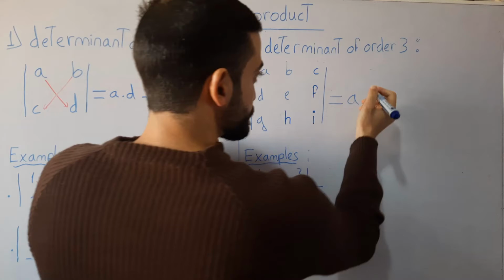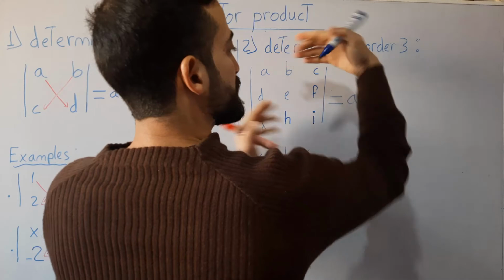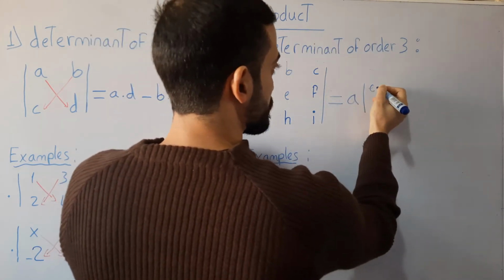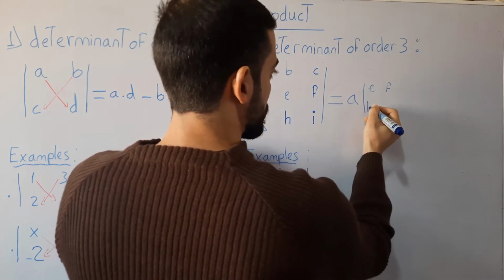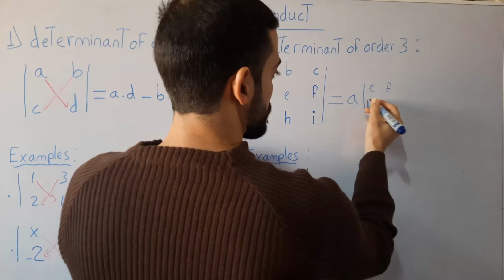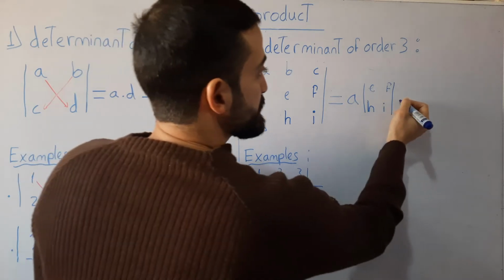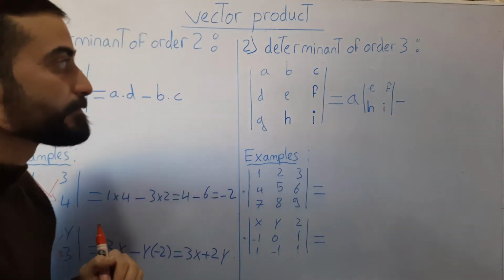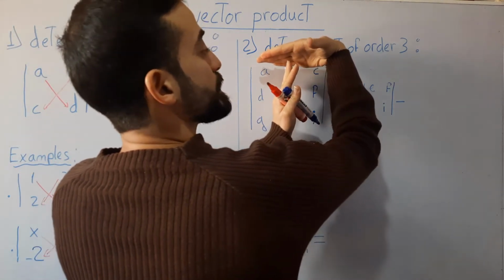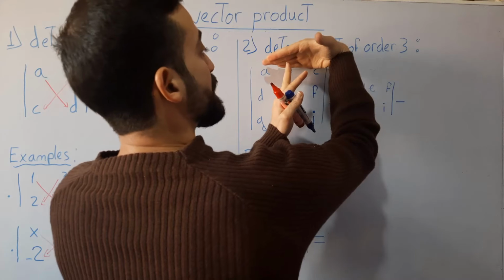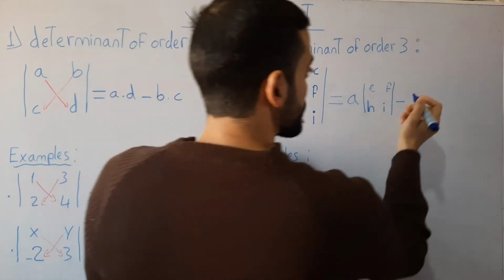So, determinant of order 2, E, F, H, I. Minus, don't forget minus. We cross first row and second column, the intersection is B. So we put it here.